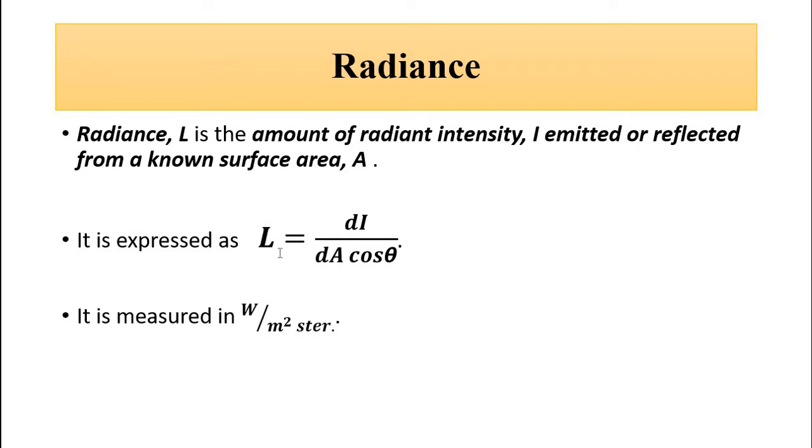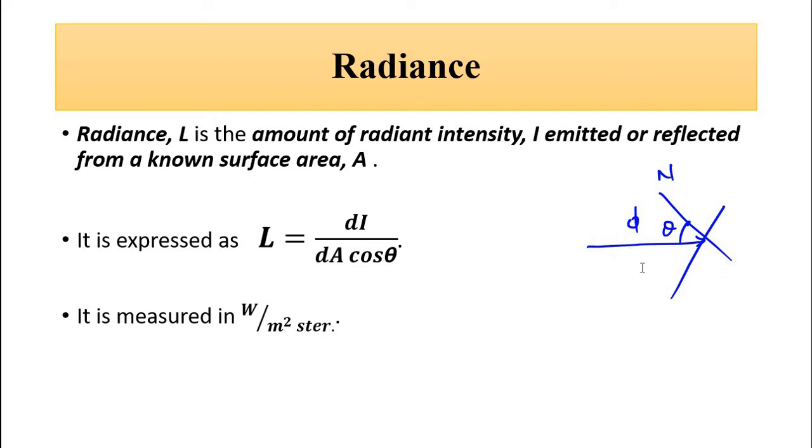So it is given by L equals dI by dA cos theta, where I is the radiant intensity, A is the area, and cos theta is the angle. If you have discussed Lambert's cosine law, let's say we have a surface here and radiant flux is falling in this direction, then the angle which it makes with the normal to the surface gives us the angle theta, which is Lambert's cosine law.